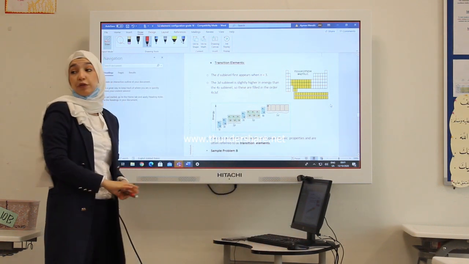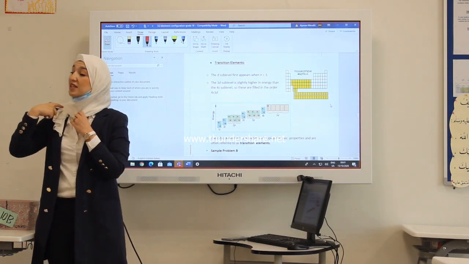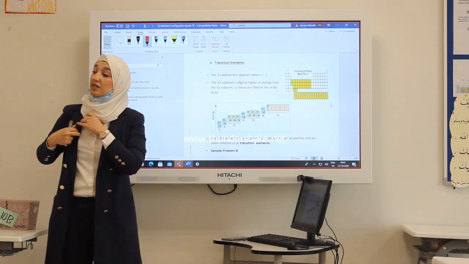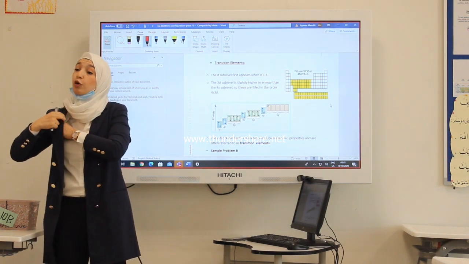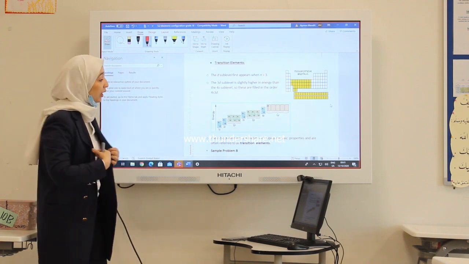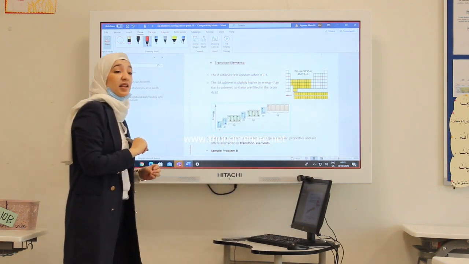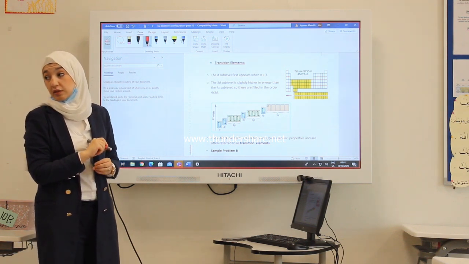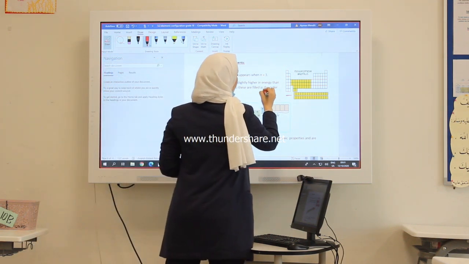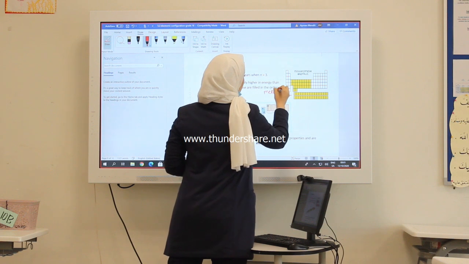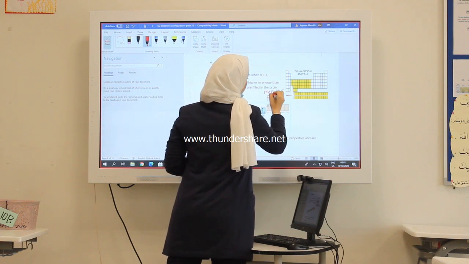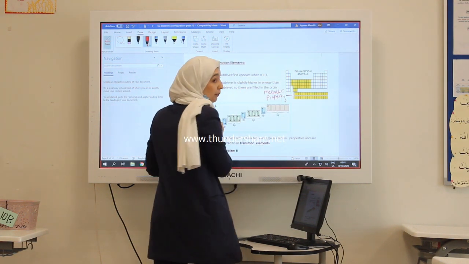Transition elements. From its name, they transit the metallic properties from here. Are these highly active metals or non-reactive metals? Highly active metals. And the metallic property is high or low? High, right?